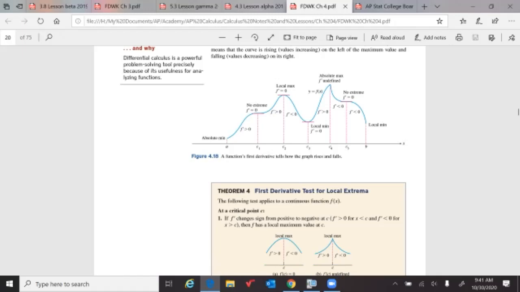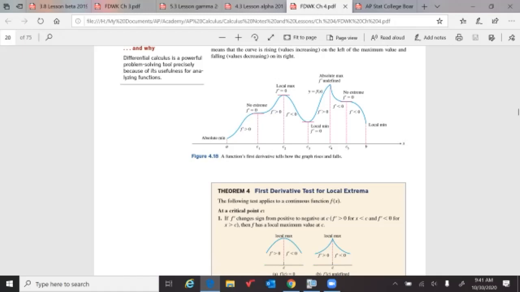The derivative is positive, it's going up. Now what happens at C sub 1? The C's are between A and B as well. But at C sub 1, the derivative equals 0, and on the other side, the derivative is still positive. So that can happen.